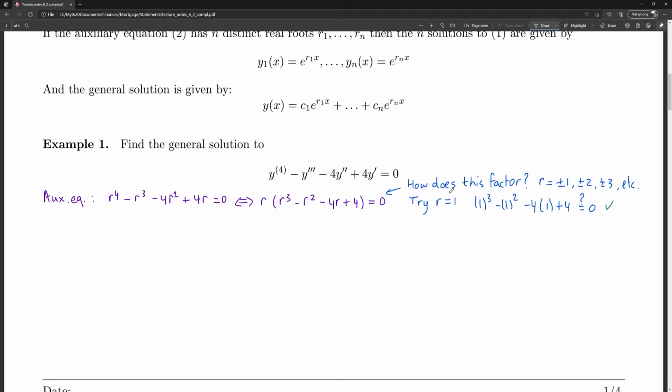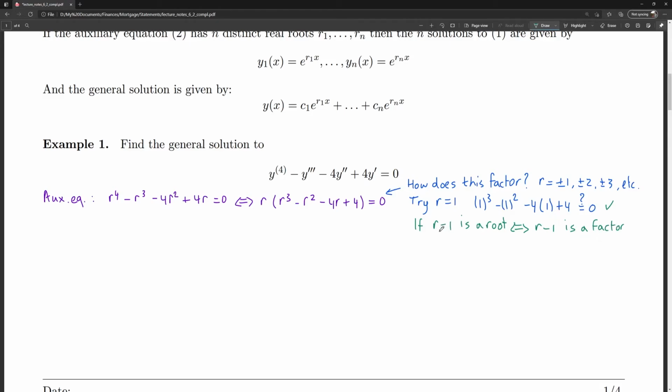And if r equals 1 is a root, that is equivalent to saying that r minus 1 is a factor. So if r equals 3 turns out to be a root, then r minus 3 is a factor.